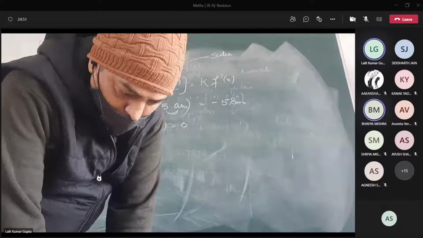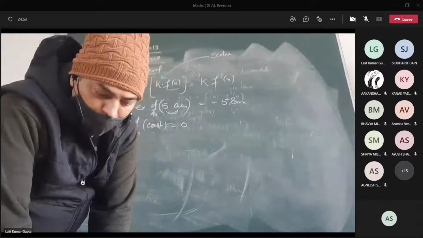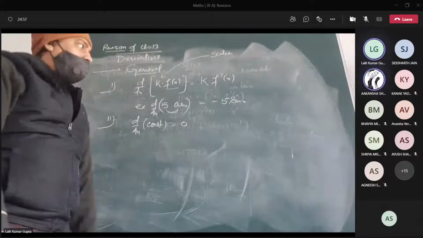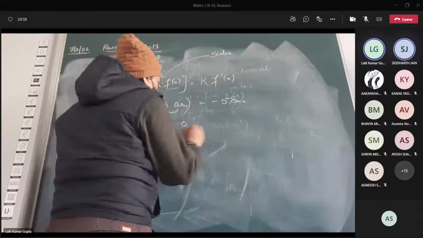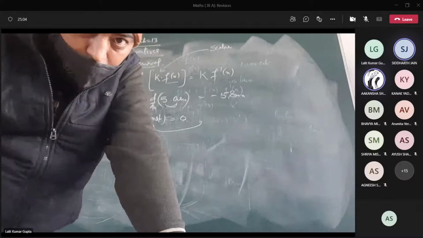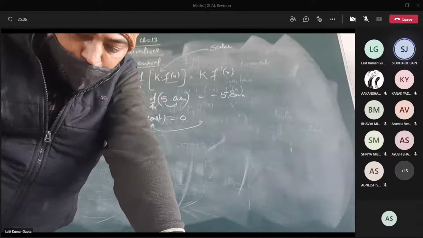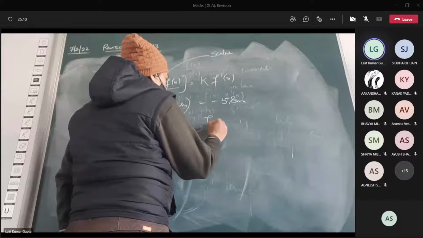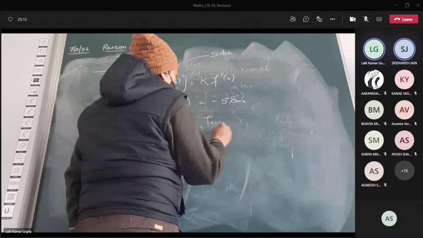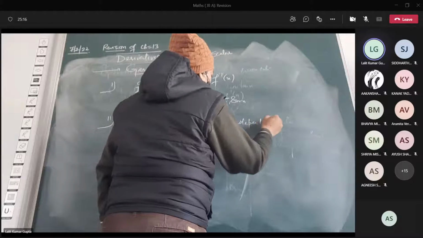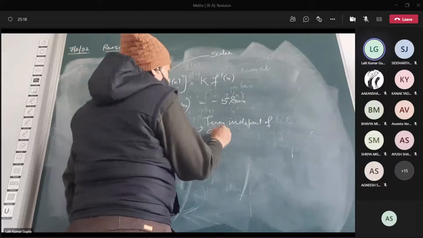Real numbers, terms without variables. Now convert this into mathematical form, beta. The term, any term where the power of the variable is 0. Very good. Mathematically we have to say: a term independent of any variable.